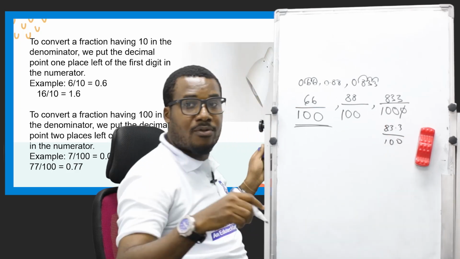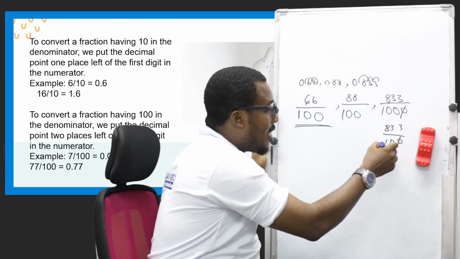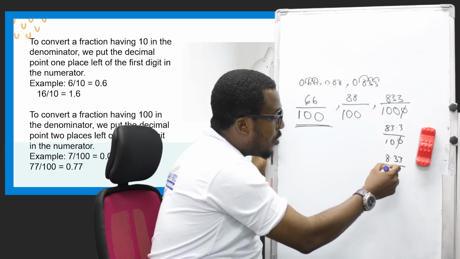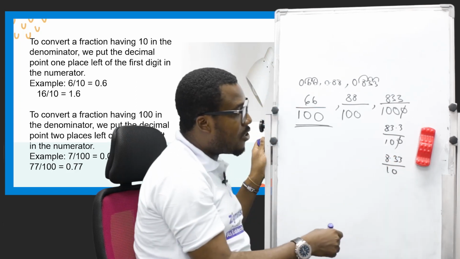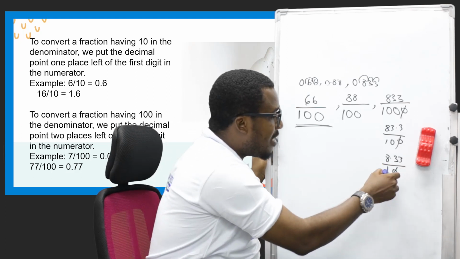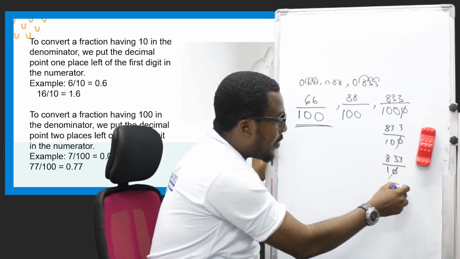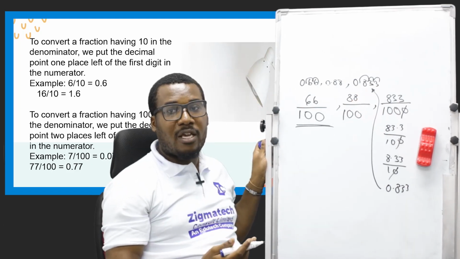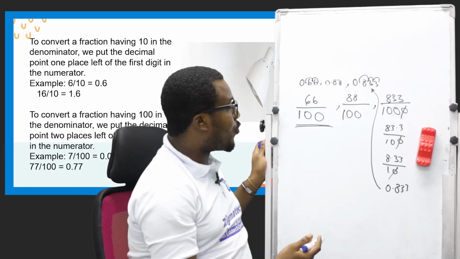I've eliminated one 0. I eliminate another 0, it will give us 8.33 over 10. Another 0 is gone. I eliminate the last 0, it will give us 0.833. And then we are back to our good friend here. Easy peasy, lemon squeezy, as I said.